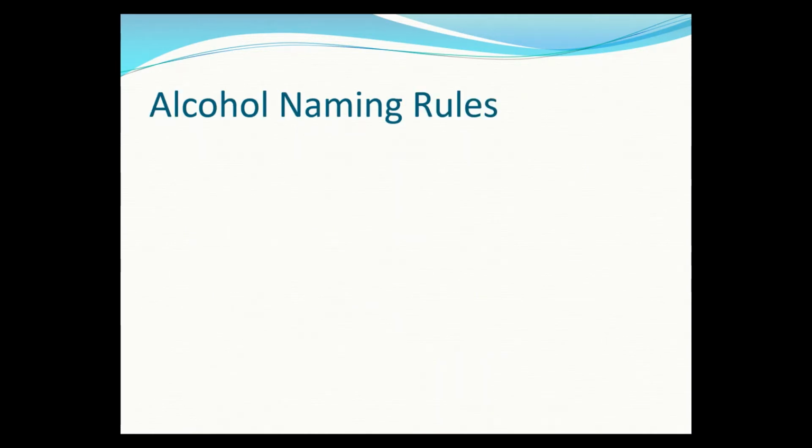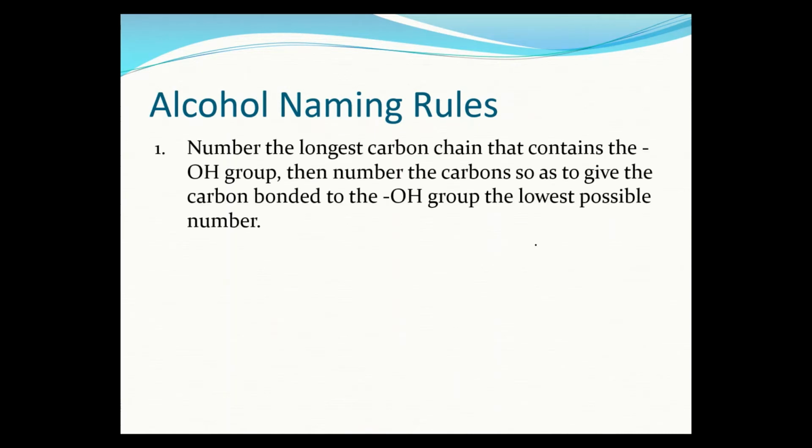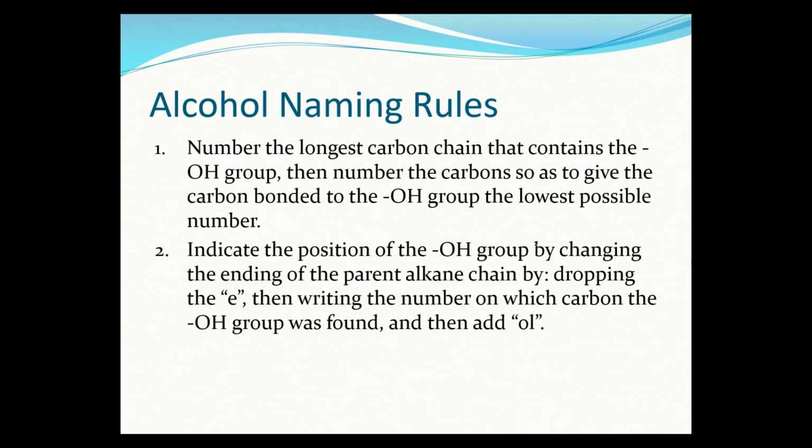So alcohol naming rules are pretty similar to alkenes. Number the longest carbon chain that contains the OH group, then number the carbons to give the carbon bonded to the OH group the lowest number possible, just the same as alkenes.